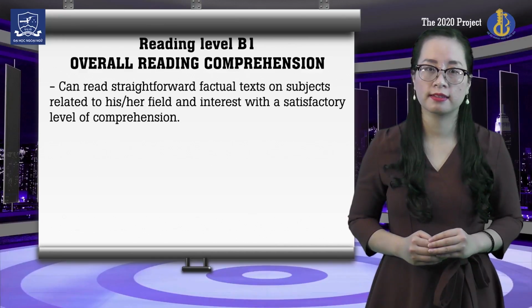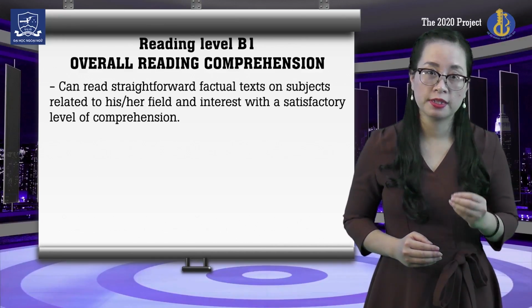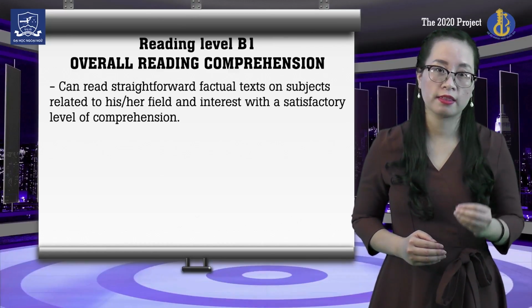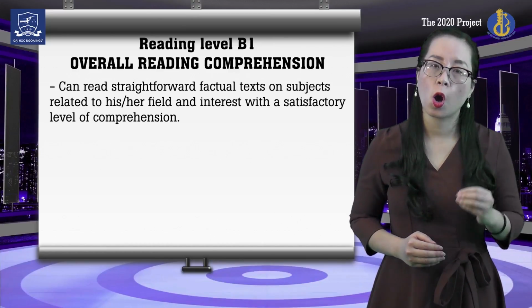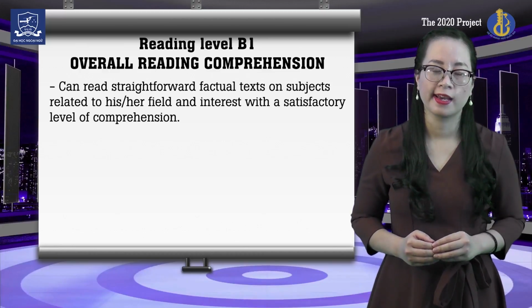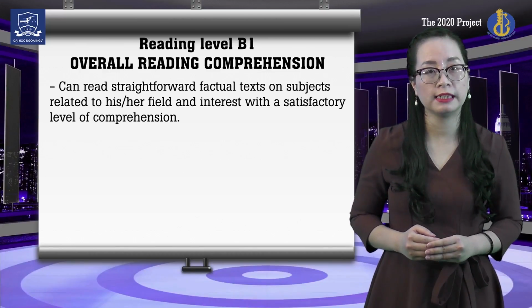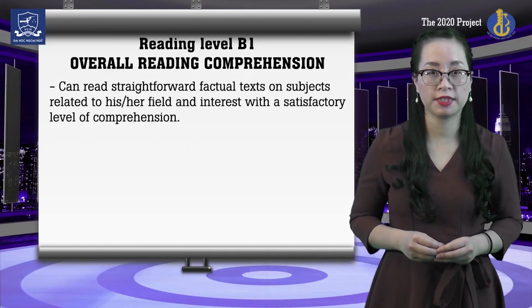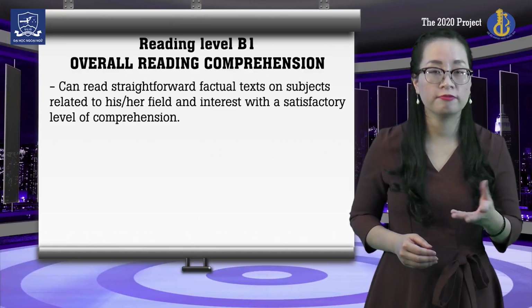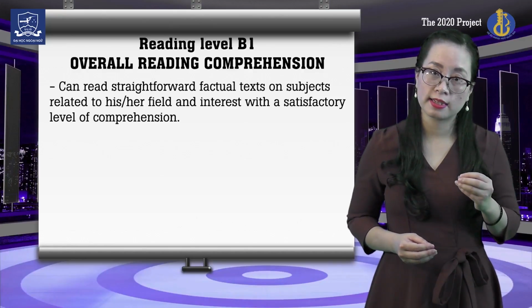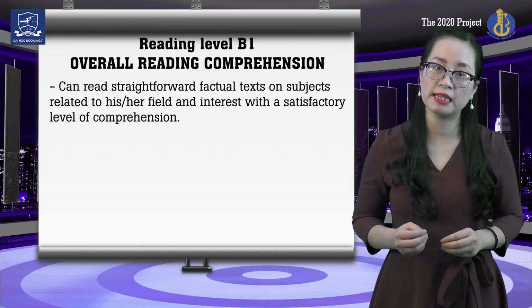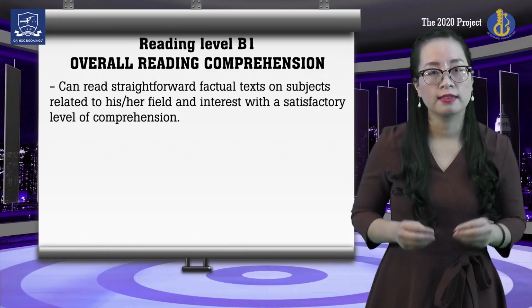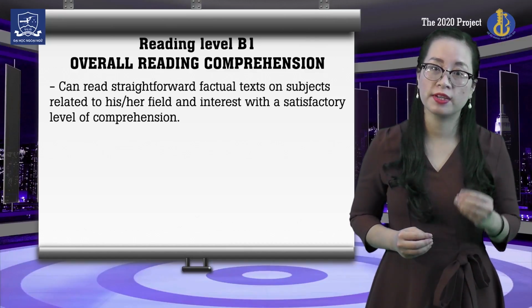In terms of topics, for this level, students can read and understand a wider range of settings as long as they are interested in the areas or job-related fields. The topic for this level would be family, school, environment, leisure activities, traveling, or festivals.